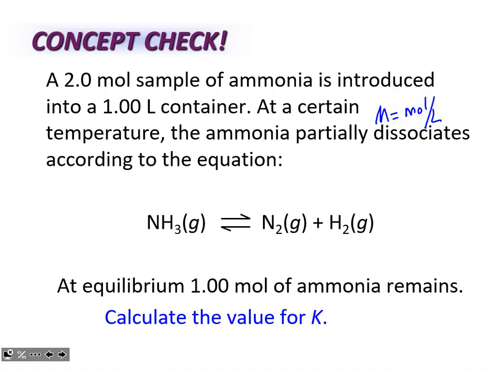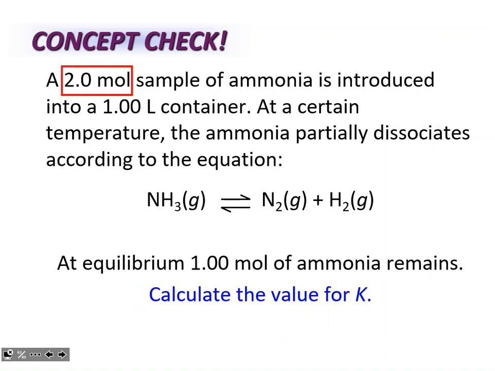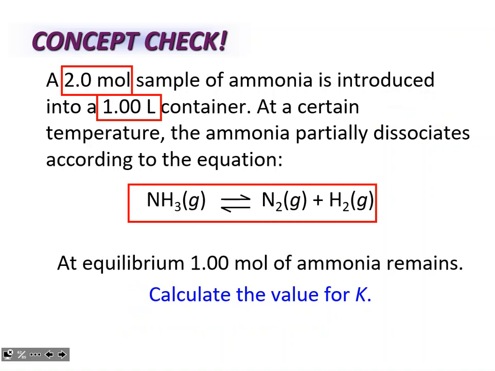All RICE tables are always concentration based, or partial pressure based if we're dealing with gases and partial pressure measurements. They are never mole based. So do remember that. So yes, good point. We have the mole, we have the liters that we need to pay attention to, and we have the unbalanced reaction.